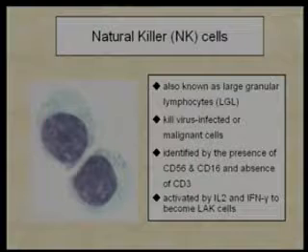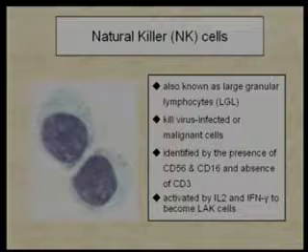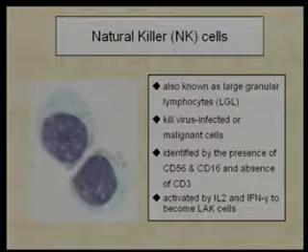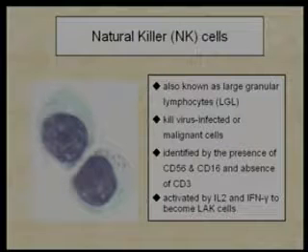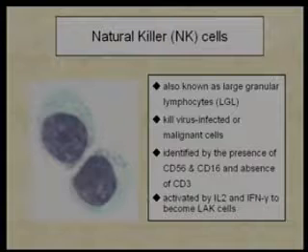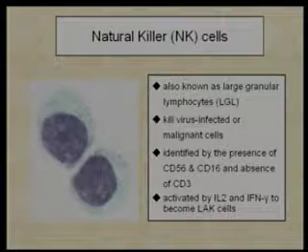If you remember back from your histology, the lymphocyte has a very small amount of cytoplasm, all right? But these cells have a lot more cytoplasm. And they also have granules in them. There's not a lot of granules, but there are some granules in them. And so these cells are also referred to as LGLs, or large granular lymphocytes.